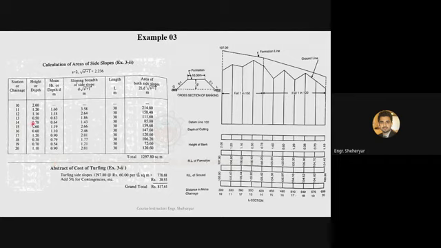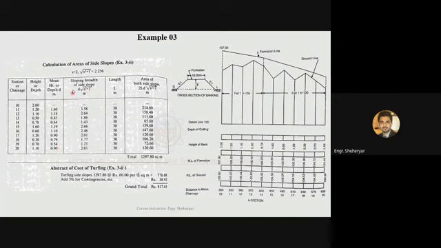Height or depth you have calculated already, 1.2, 1.16, 0.5, and take the average of every two consecutive heights. 2 and 1.2 will give you 1.6, the average of 1.2 and 1.16 will give you 1.18 and so on.